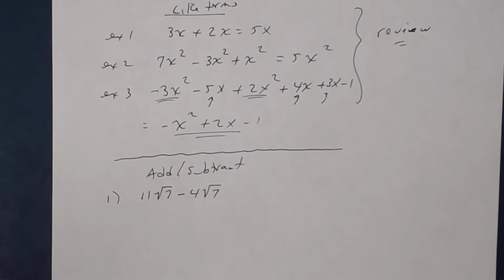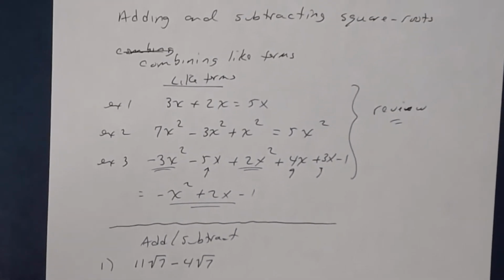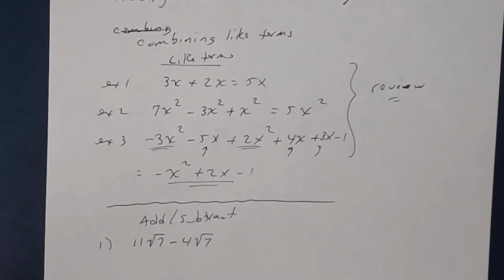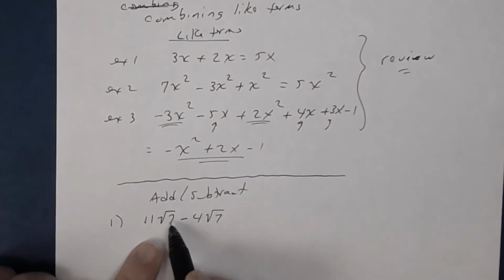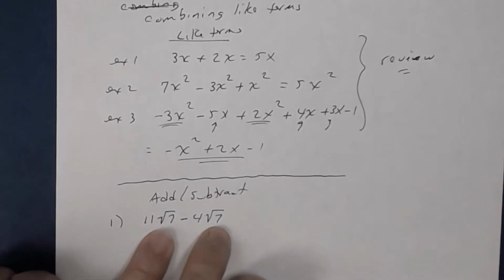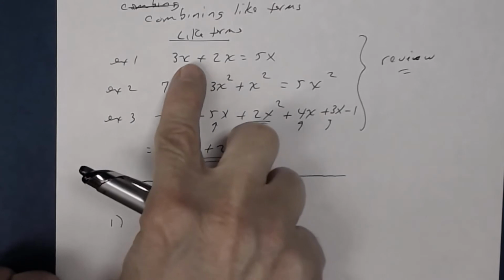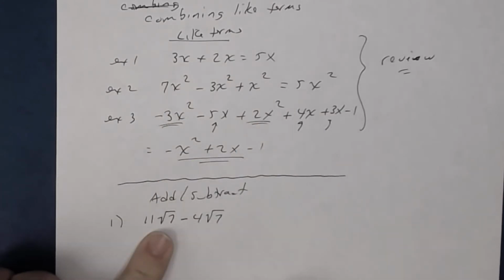So whenever you're adding or subtracting square roots, or cube roots, or fourth roots, whatever it may be, but we're focusing on square roots here, treat the square root like a variable. So see how this is a square root of 7 and this is a square root of 7? So think of that like 3x and 2x. All right?